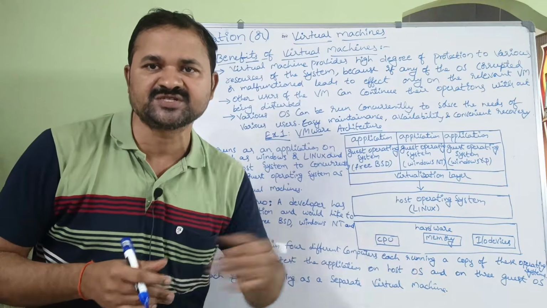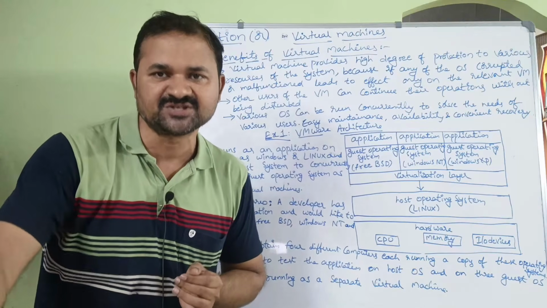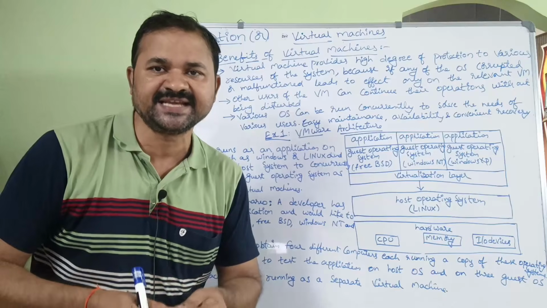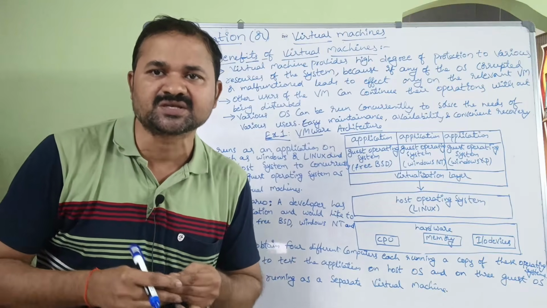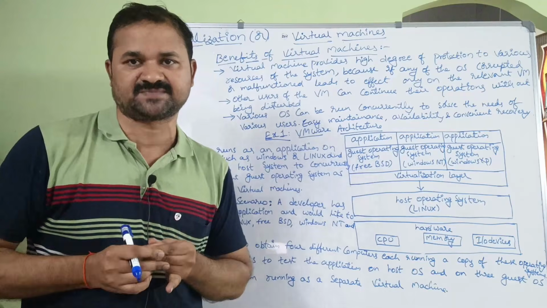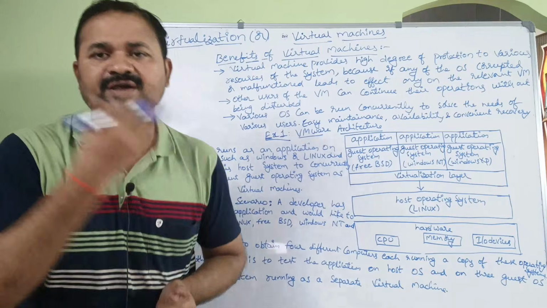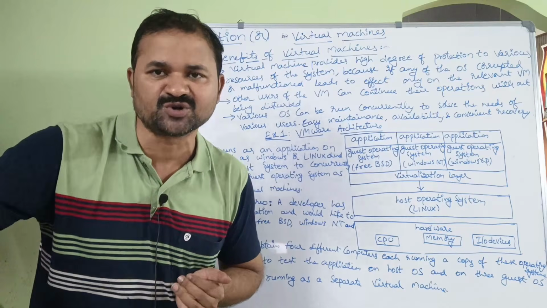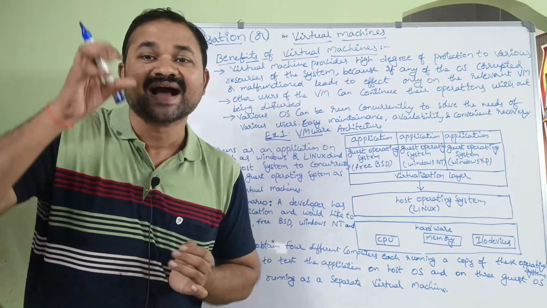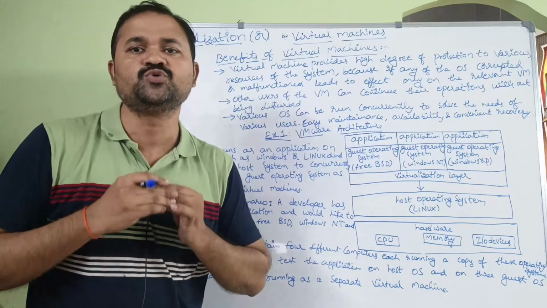OS1 has 3 resources, OS2 has 3 resources, likewise OS3 has 3 resources. Here OS1 can use only its own resources. OS1 cannot access OS2 or OS3 resources. So we have a high degree of protection to our resources.